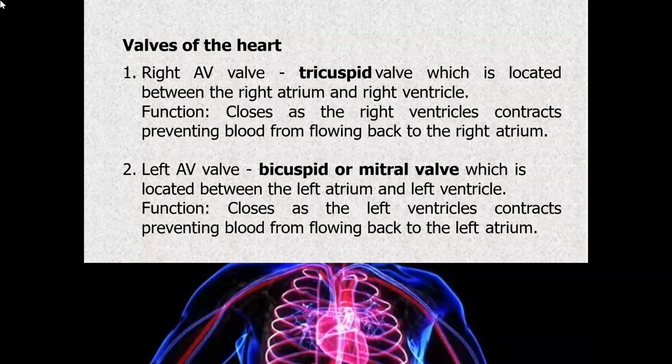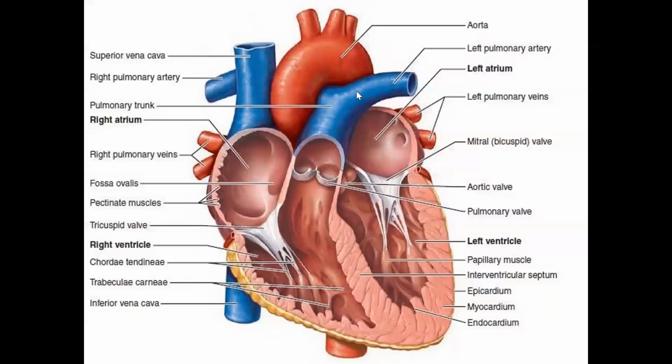So now class, let's talk about the valves of the heart. We have 4 types. So the first one is called the right atrioventricular valve or right AV valve, or also known as your tricuspid valve. It is called tricuspid valve for the reason that it has 3 cusps. So ito, 1, 2, 3. Tricuspid valve.